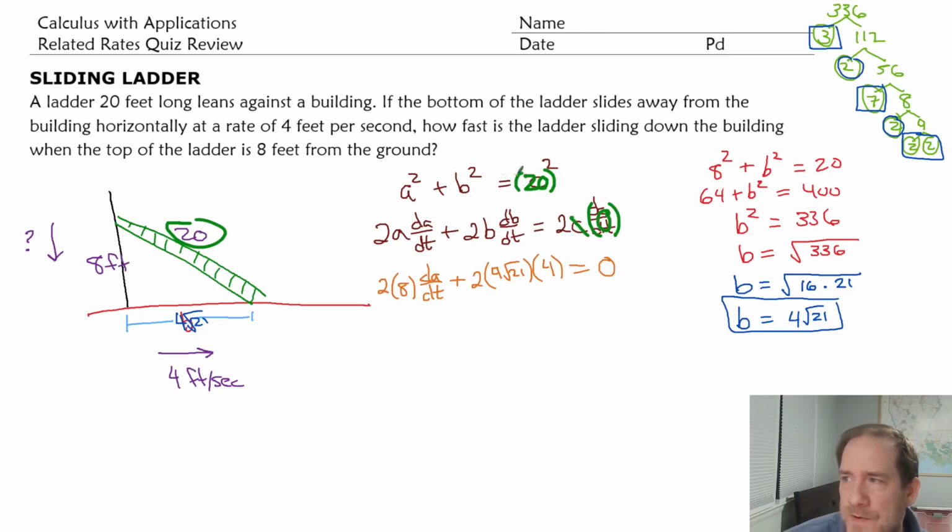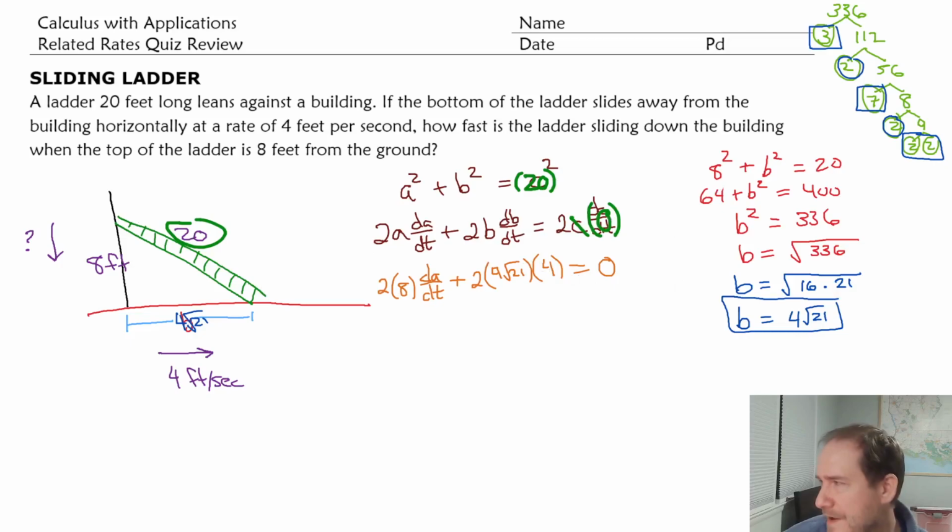So maybe it would have been a little more efficient if I just let c be 20, but a and b would have to stay variables because a for sure is changing as the ladder slips, and b is also changing as the ladder slips. So a and b must remain variables when I differentiate, but honestly c did not need to be a variable because it was a constant. By the way this situation is defined, it's not actually changing.